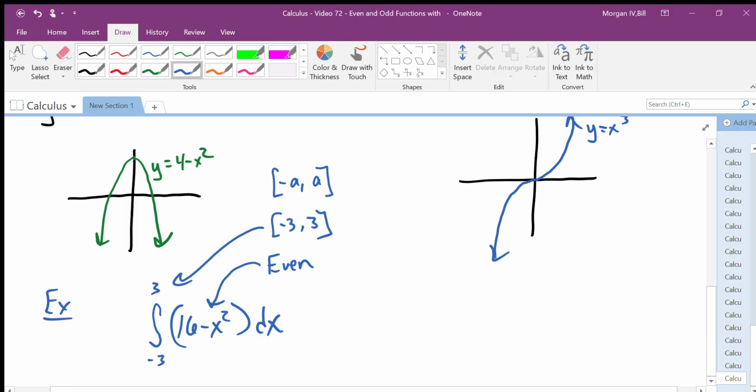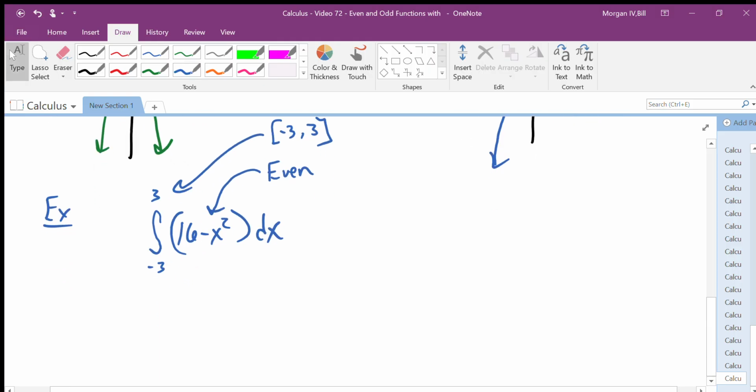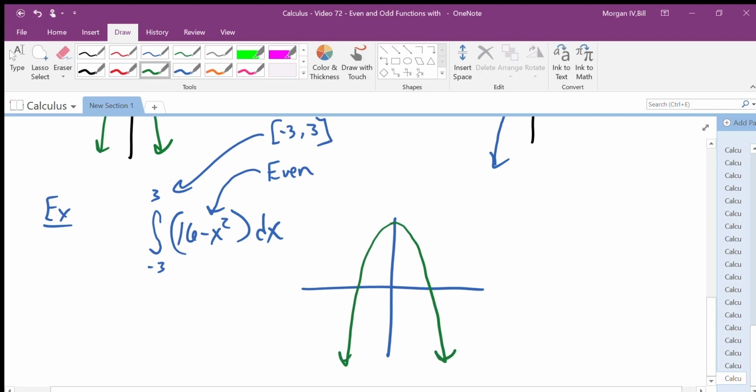Let's just redraw this. 16 minus x squared looks like, and maybe more like, that's close enough. Y equals 16 minus x squared. That would cross here at -4 and at +4 on the x-axis.